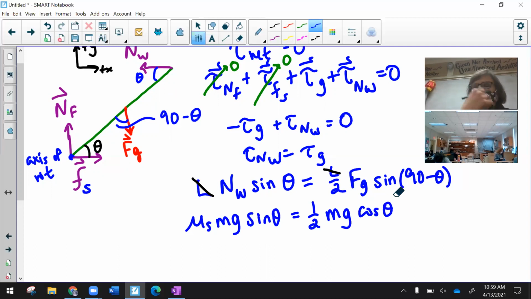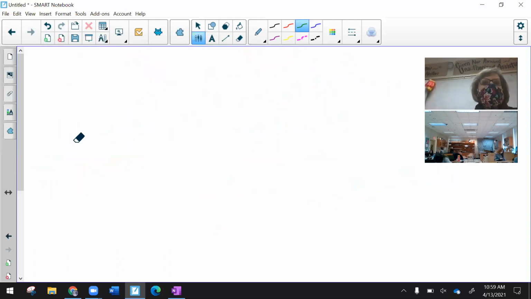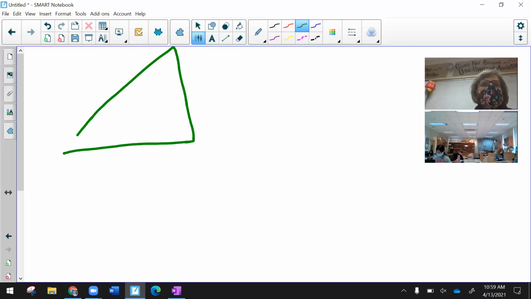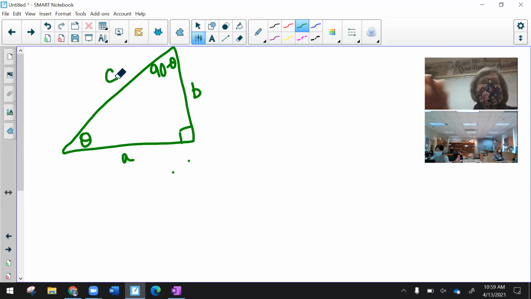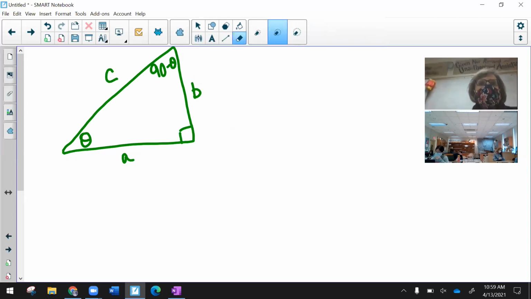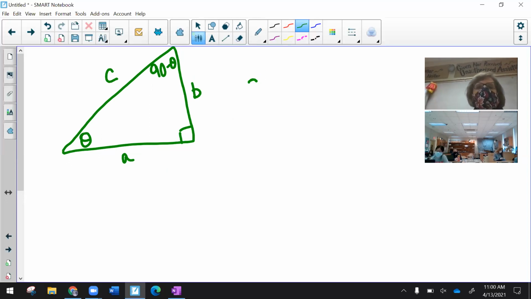Okay. That's an important trick. So let's take a little aside for a minute and talk about that trick. Okay, so here's my right triangle. Here's theta. Here's 90 minus theta. Here's A, here's B, here's C. So sine theta is equal to what?